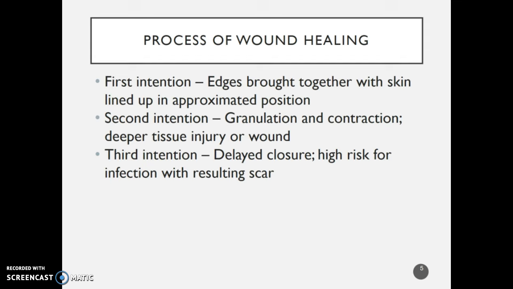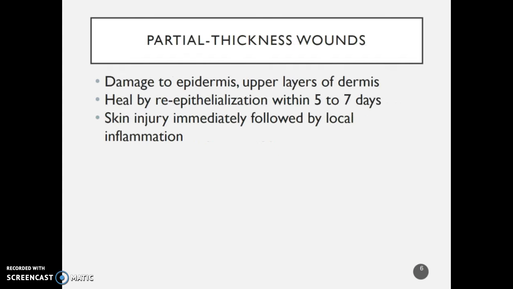First intention is where the edges are brought together and the skin's lined up well. Second intention is kind of a deeper tissue injury or wound where it's going to have to granulate and contract slowly. And third intention is kind of like one of the ones we looked at in the slide the other day with delayed closure that are high risk for infection and are probably going to likely result in a scar.